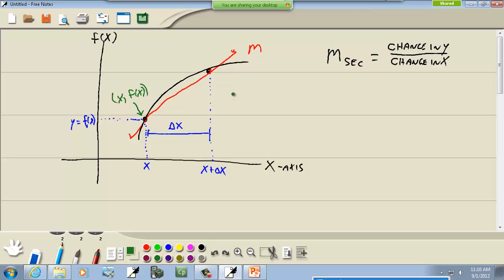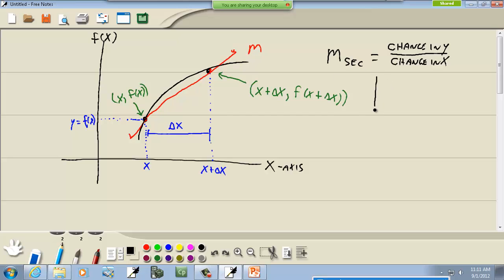Used to doing this in a bigger area. This right here, our x value, if I go straight down, is x plus delta x. And then to find out what our y part is, we plug it into our function. Our function is f of x, so this is going to be f of x plus delta x, like that. Okay.